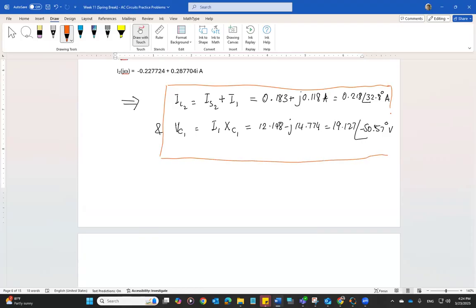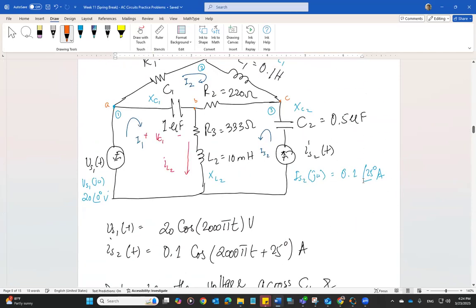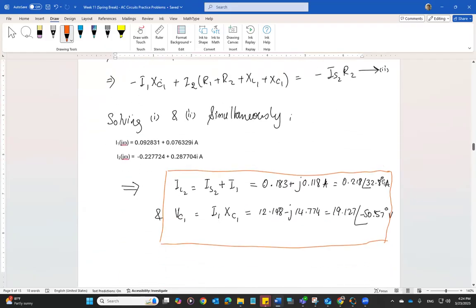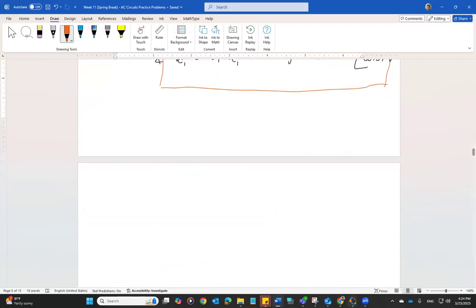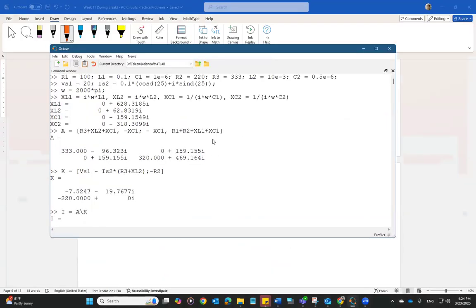Again, very simple-ish problem. If I do not have to explain it step by step, then again, the problem should not take more than 10 minutes, I would say. I'm going to go ahead and copy my MATLAB work as well.